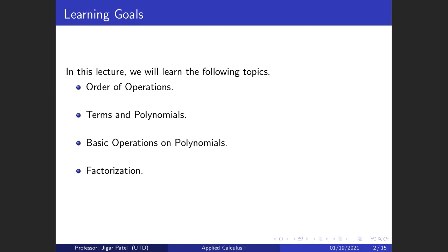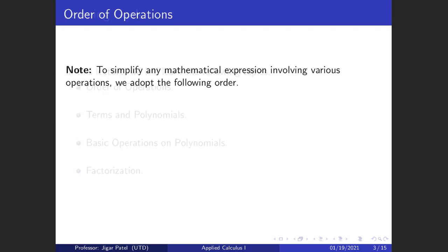How would you simplify it? I would do the following. Always start solving the expression starting from the most inner parenthesis. Again, if there are multiple sets of parentheses involved in the expression, you would like to start simplification from the most inner set of parentheses.